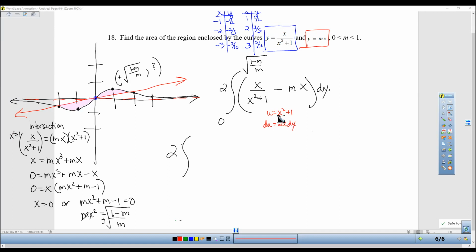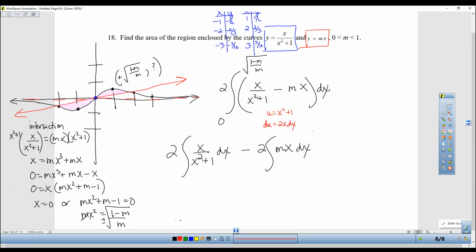So x squared plus 1 would be inconvenient for this one. So I'm going to break it up into 2 separate integrals so that I can do the calculation. So x over x squared plus 1 dx minus, and I can keep that 2 with it, mx dx. That way I can use the u just on this part and not make a mistake.